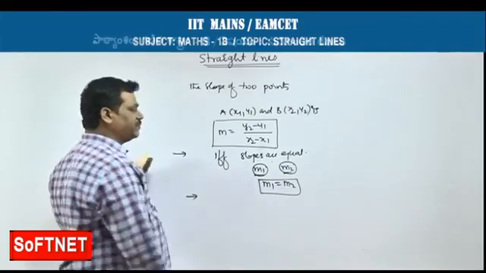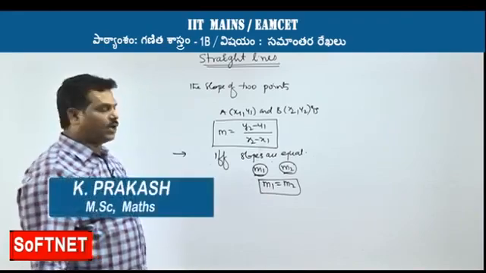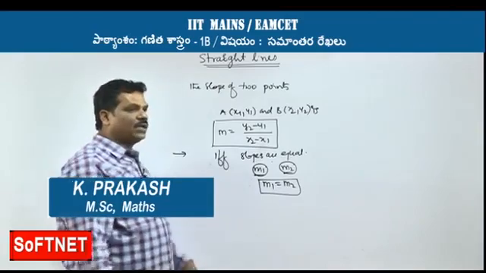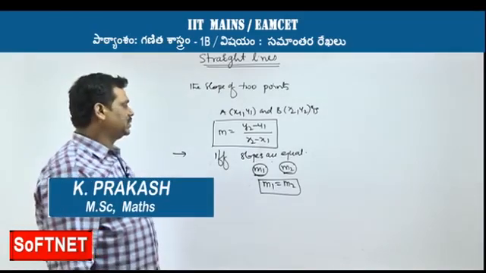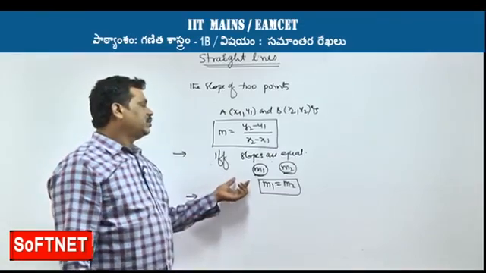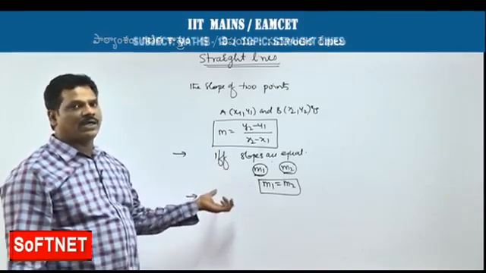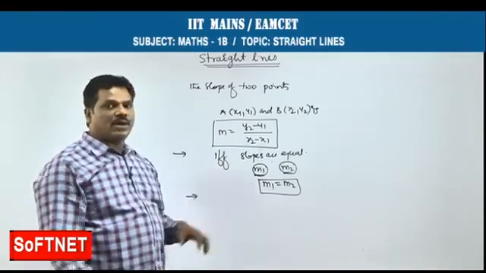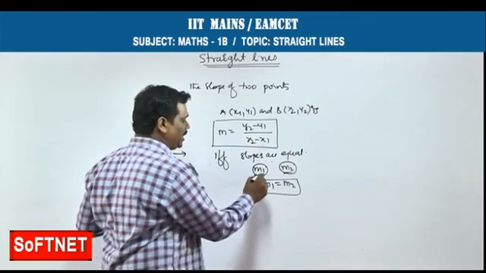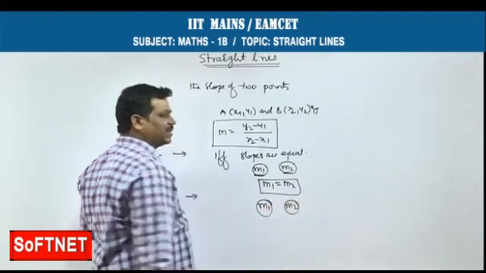And the second point is, two non-vertical lines are perpendicular if and only if the product of their slopes equals minus 1. For example, m1 is the slope of the first line and m2 is the slope of the second line.